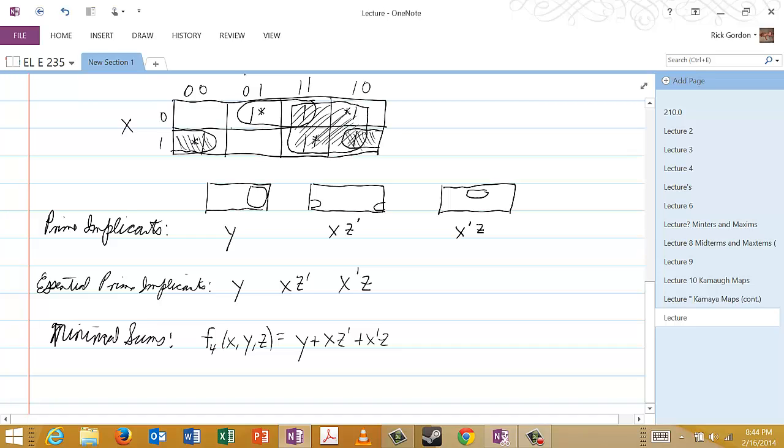And then finally x prime z will take care of these two terms. And since there are no other ones left that we need to account for, then we're done. And we conclude that this is the only minimal sum for the function f4 of xyz.